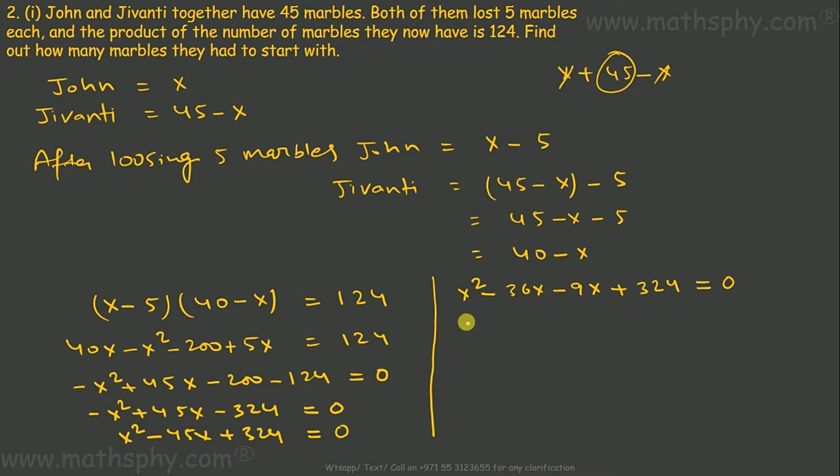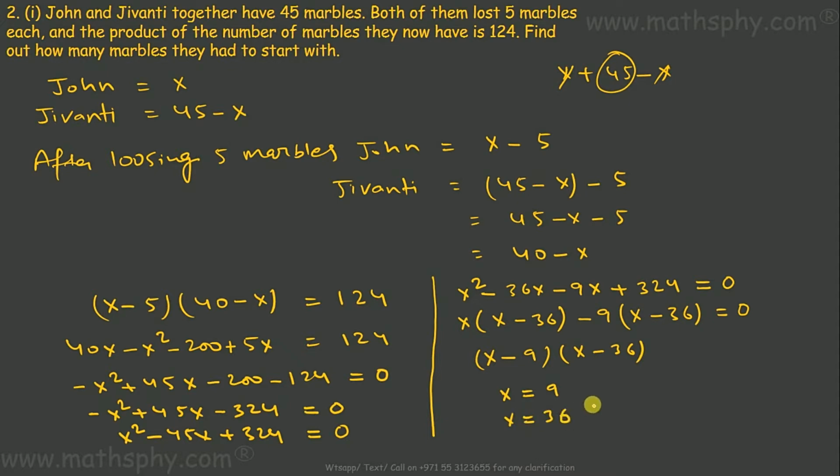If I solve this, I take x as common, so this will be x minus 36. I take 9 as common, so this will be x minus 36 equals 0. This will be x minus 9, x minus 36. So x is 9 and x is 36.